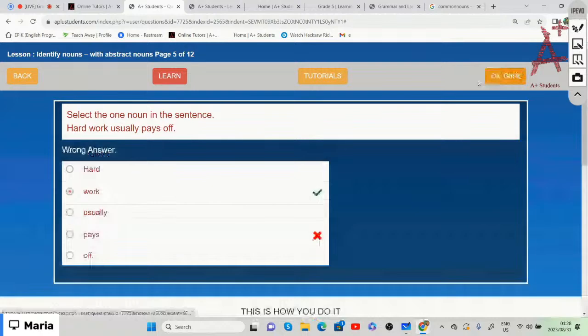Oh, it's work. Sorry, I chose the wrong one. So work is the correct one. I apologize for that. So work is an abstract noun, right? So well done to that person that got it correct.